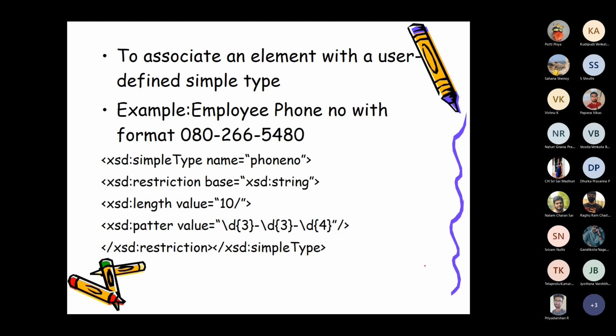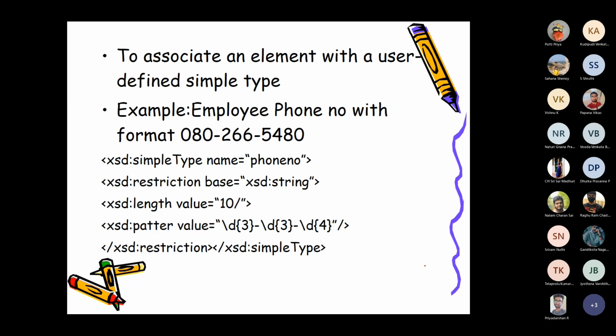That means I have to specify base information from where you will be picking the values, from XSD colon string. So it can be characters, numbers, or whatever it is. What is the maximum length is what XSD colon length says. Value equal to 10. That means up to that, if I read, I will understand that phone number is a 10 character value.